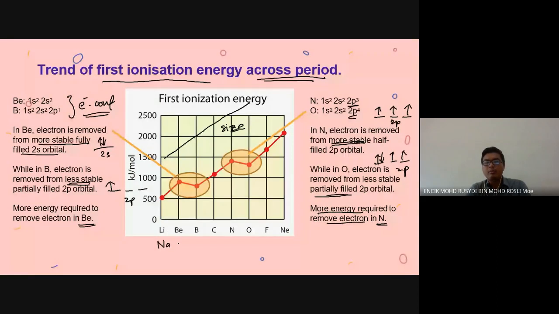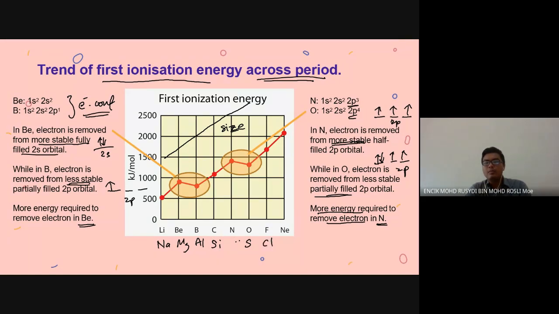sodium, magnesium, yang ini kita ada aluminium, kita ada kat sini silikon, lepas tu kat sini kita ada bawah nitrogen apa? Oksigen, bawah oksigen kita ada sulfur, sini ada klorin. So the trend dia sama sahaja kat sini.